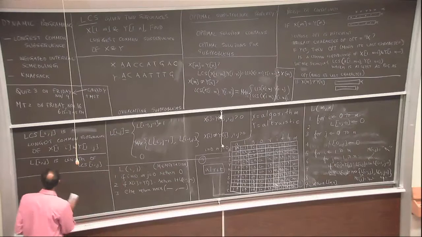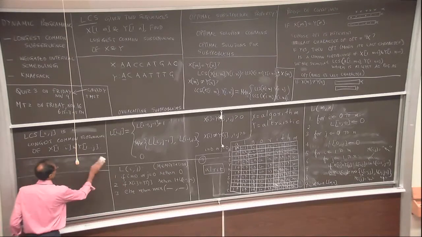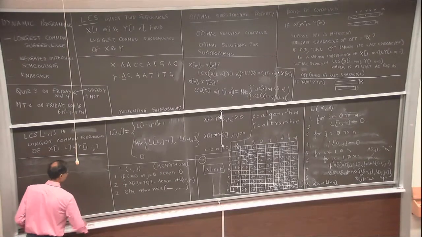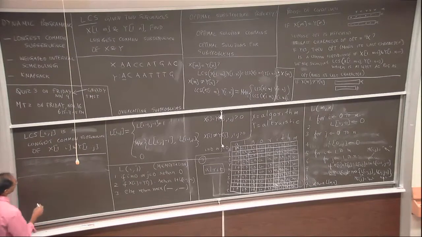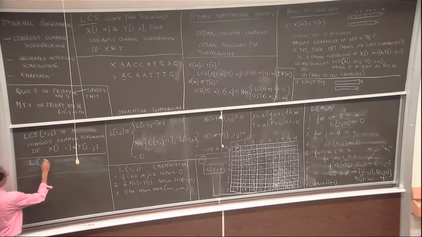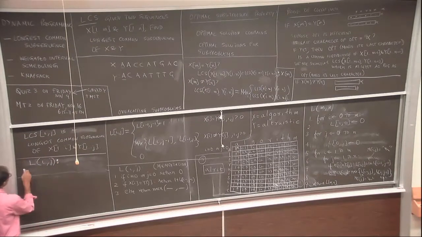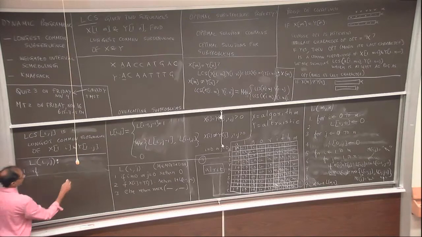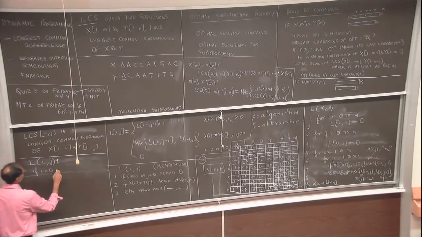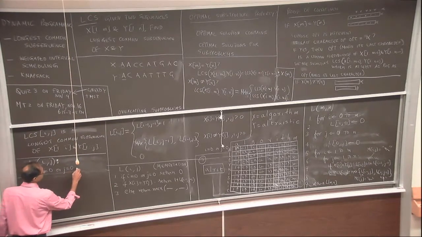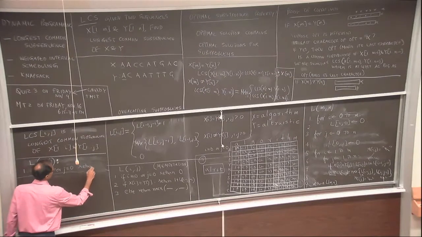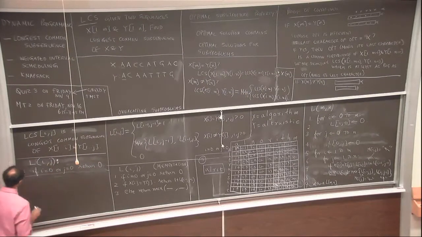You define your function like this. The first part is the same. If i equals 0 or j equals 0, return 0. Okay?